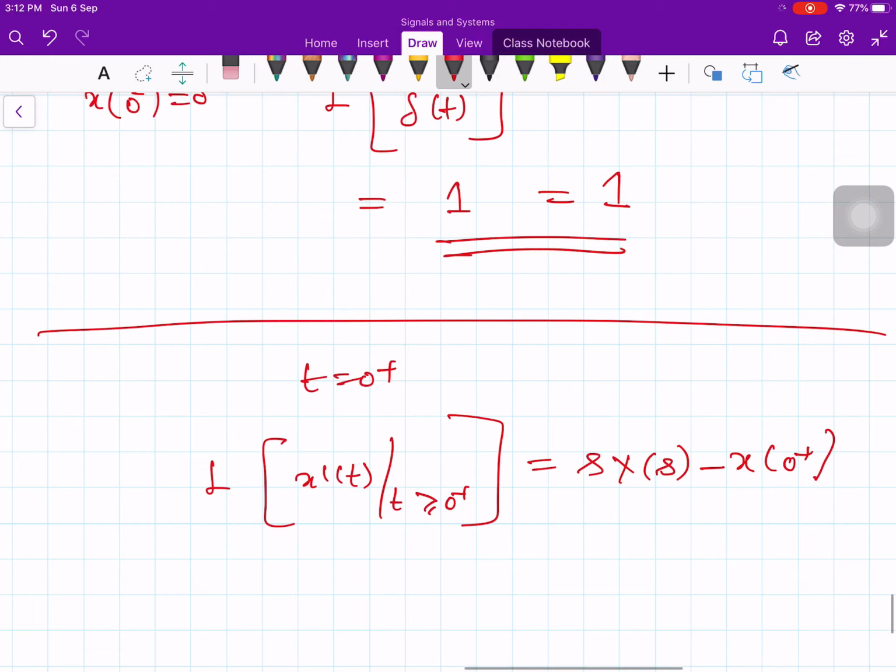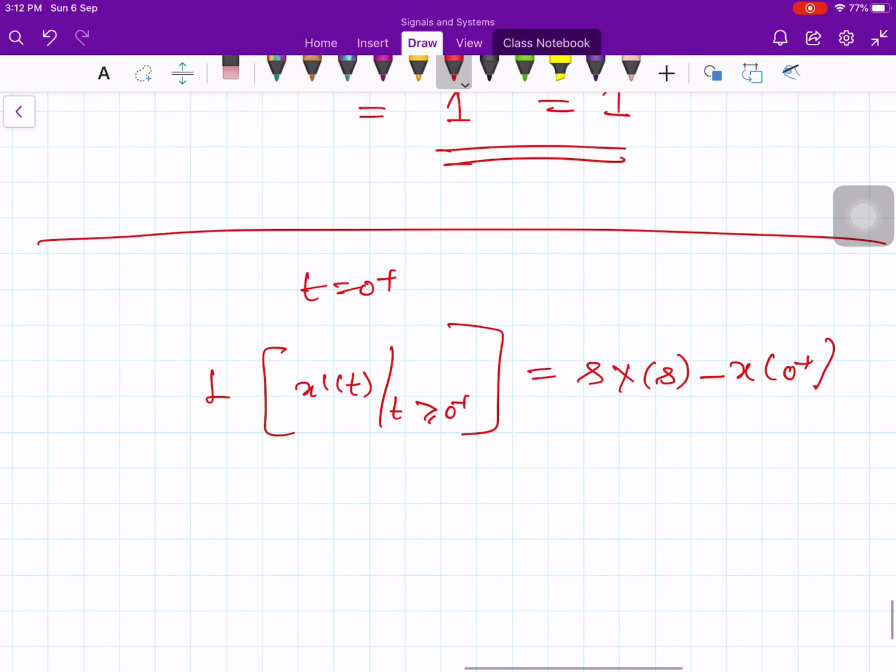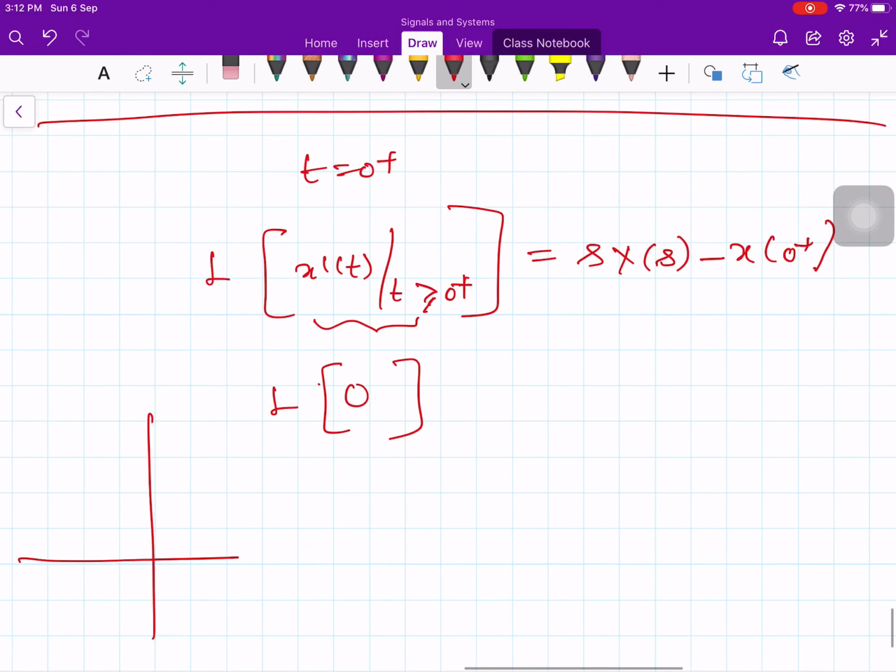Now what is the derivative of the function when t is greater than or equal to 0 plus? Then it is 0. It is a constant function. So this is a point which is 0 plus onwards. If you take the derivative from 0 plus onwards, then x dash of t is equal to 0.